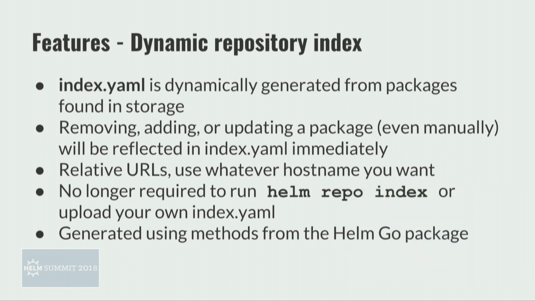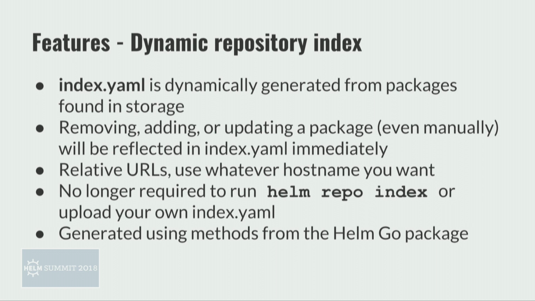Primarily, it provides a dynamic repository index. If you start up the ChartMuseum server, pointing to a storage bucket or a directory on your server, it will automatically generate that index based on the packages in storage.